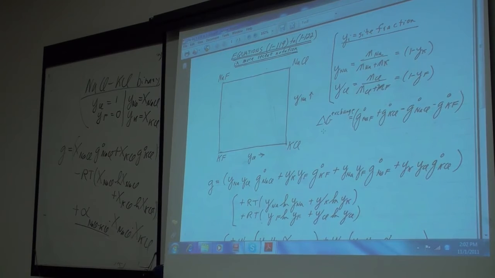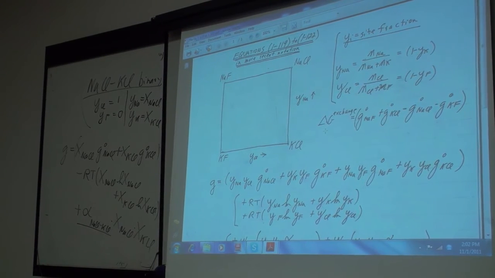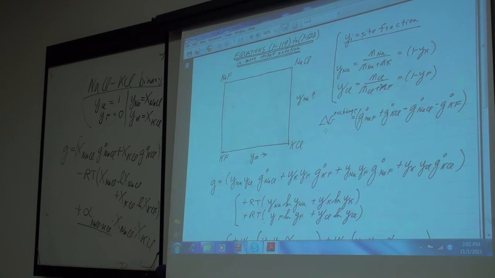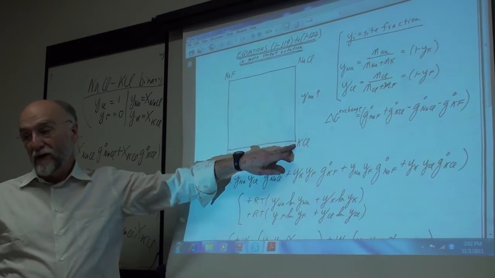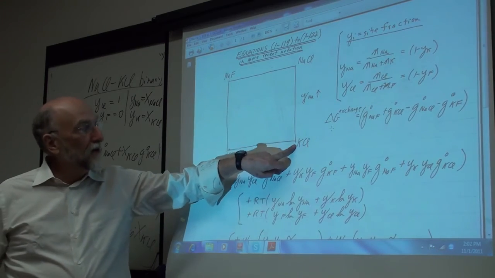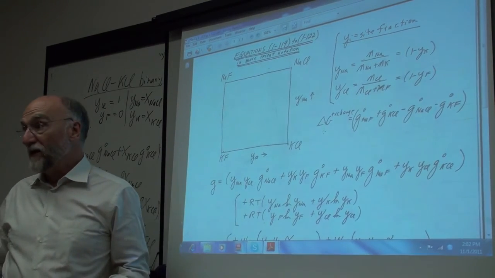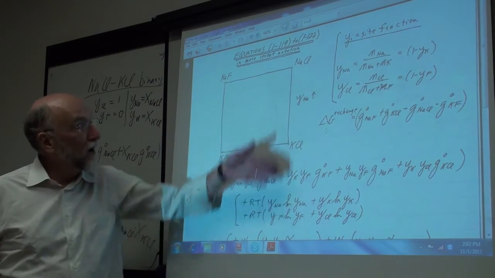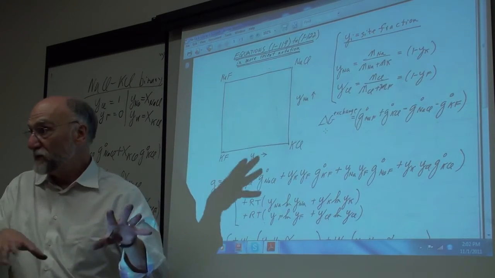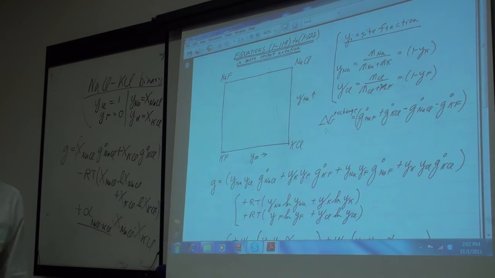Even though your solution has two sublattices, you could have a mixture of sodium chloride, potassium chloride, lithium chloride, copper chloride, iron chloride. It's still a one sublattice model. All the cations mix in one sublattice, all the anions mix in the other, but it's only one anion, so you just forget that, it's a one sublattice model.